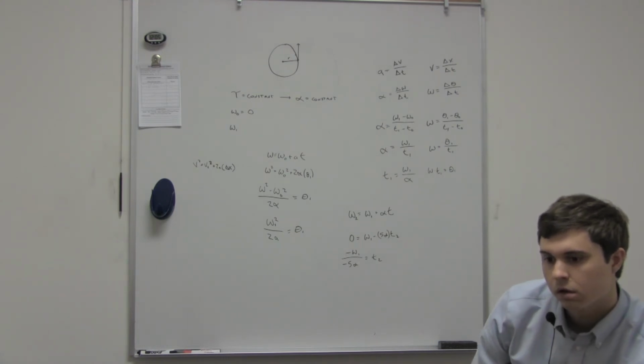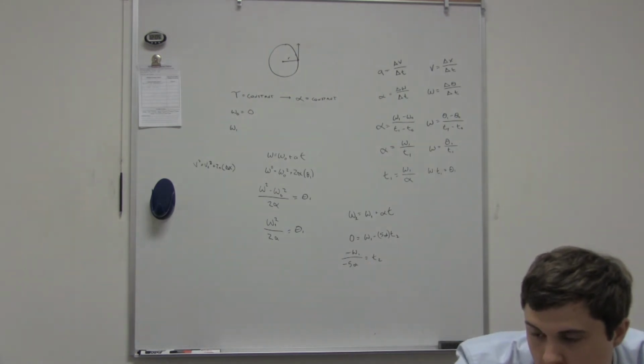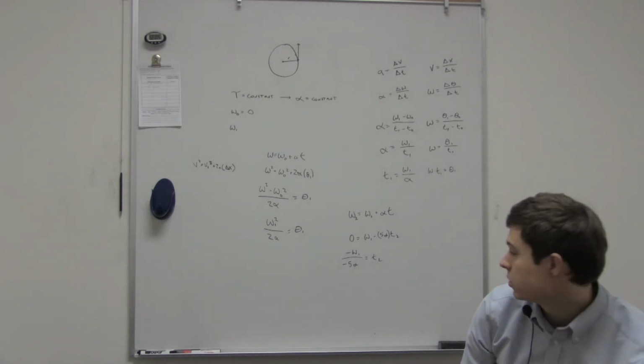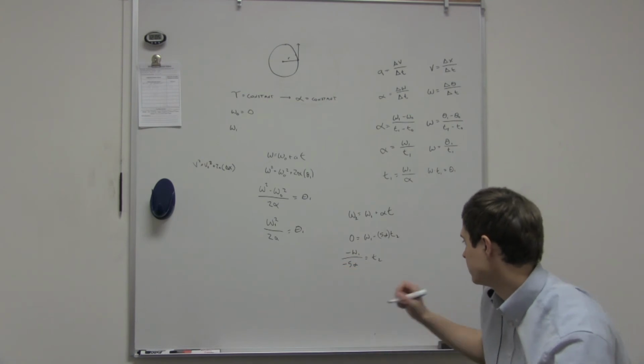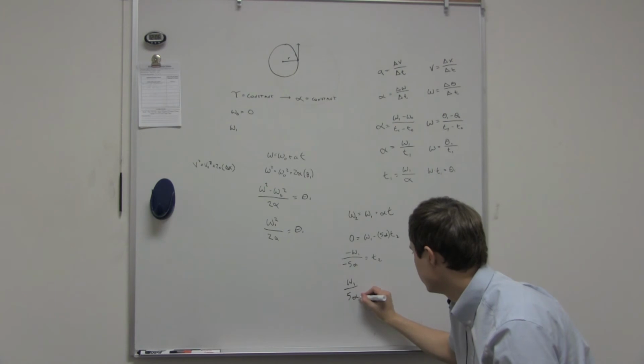Oh, I think they wanted you to use an omega sub 1. Because omega is not one of the ones that we're allowed to use. And I also want to use negative signs. Because really, negative divided by negative, we could simplify that and say omega 1 divided by 5 alpha.